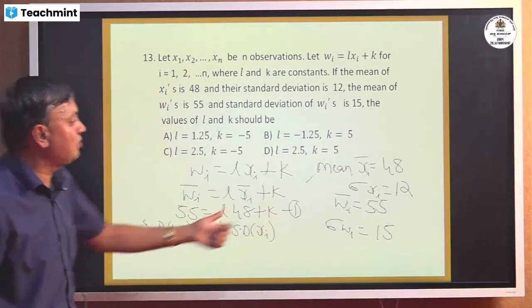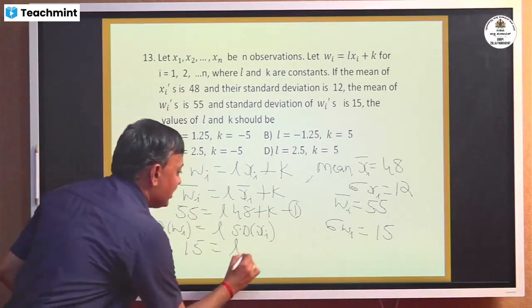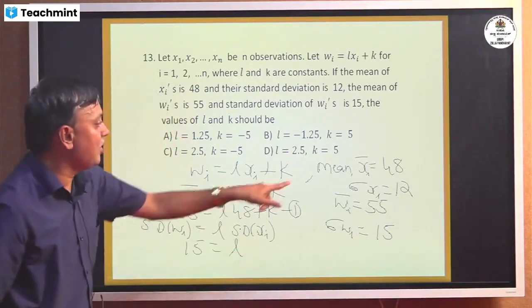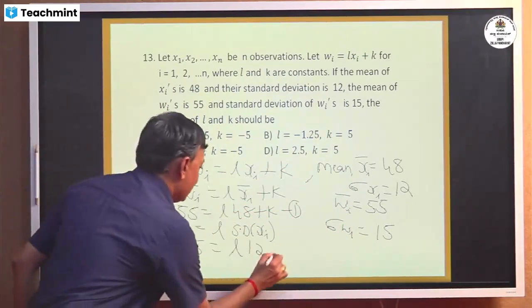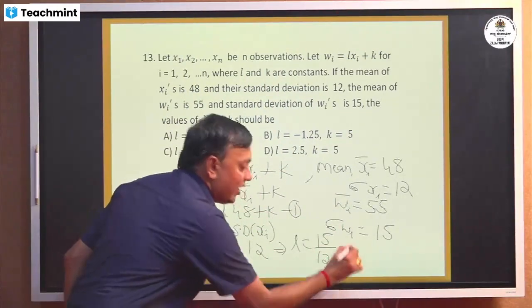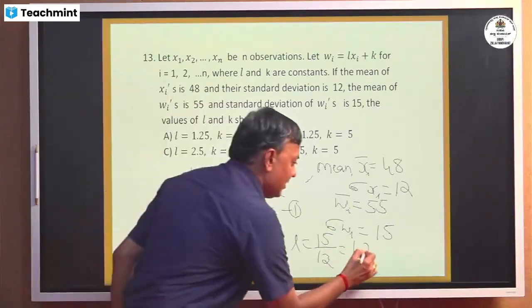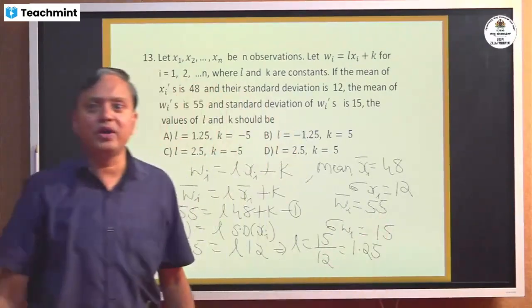The standard deviation of wi is 15, equal to l into the standard deviation of xi, which is 12. So l equals 15 by 12. What is 15 by 12? It is 1.25.